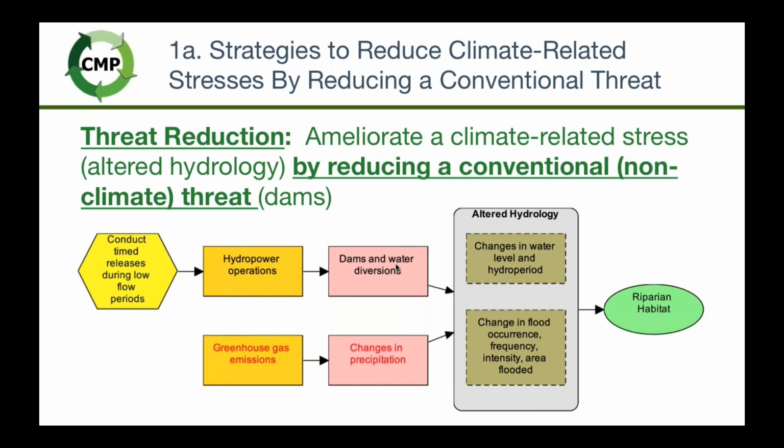At the same time, because of climate change, you've got changes in precipitation that are also altering the hydrology. You can't do anything about this, the changes in precipitation, but you can have some strategies to address the conventional direct threat, such as conducting timed releases during low flow periods.